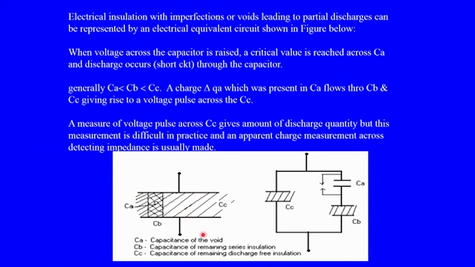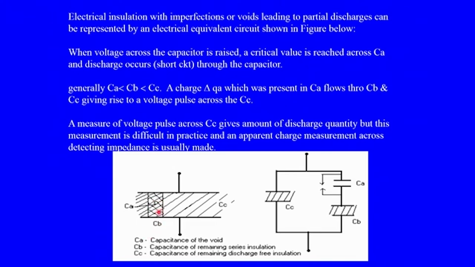When voltage is applied across the terminals, a critical value is reached across CA. This small capacitance reaches the critical value and a discharge occurs in this void, a short circuit, the breakdown of the void through the small capacitor CA.